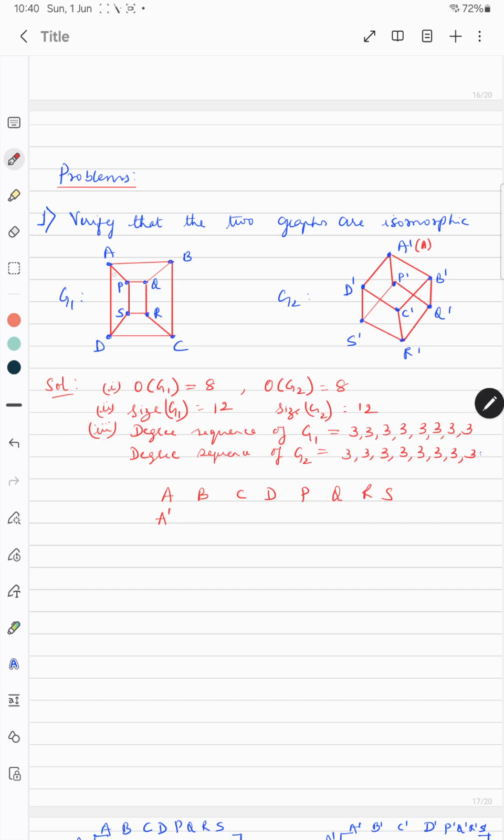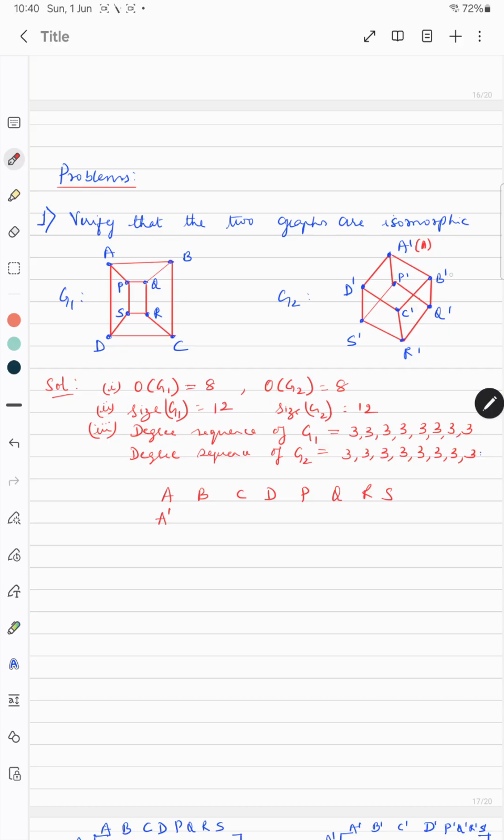Now in graph G1, A is adjacent to B, A is adjacent to D, A is adjacent to P. So in graph G2, A dash is adjacent to B dash, A dash is adjacent to D dash, A dash is adjacent to P dash.